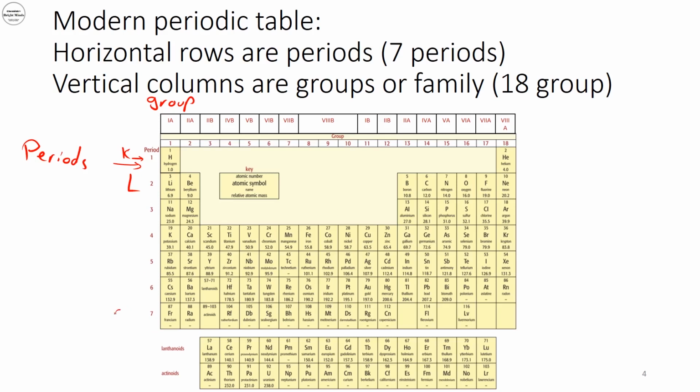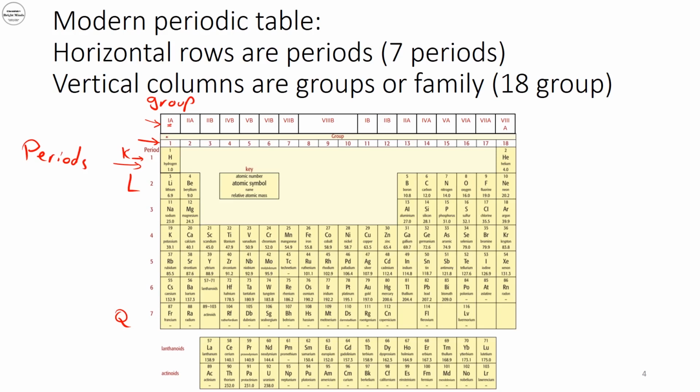Now, for the groups, there are 2 ways of numbering them. Either you number them 1 up till 18, where the lanthanides and the actinides at the bottom of the periodic table are not numbered. The other way of numbering groups is with Roman numerals and symbols.